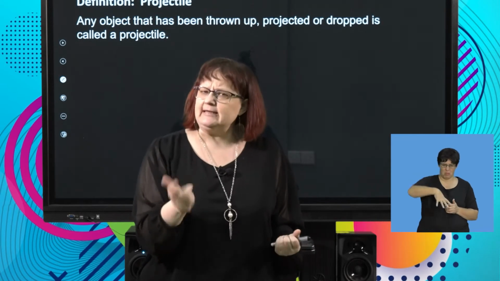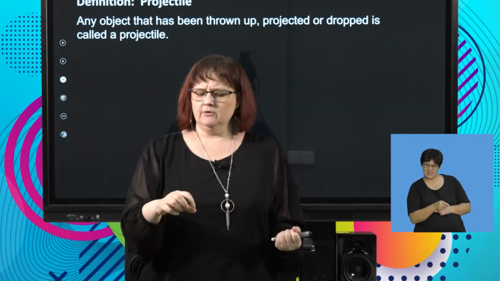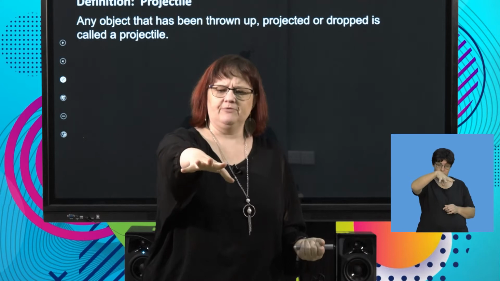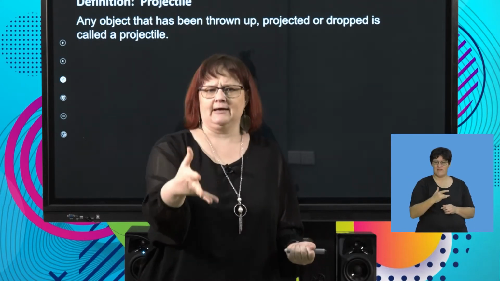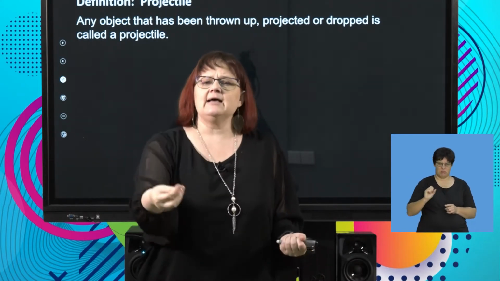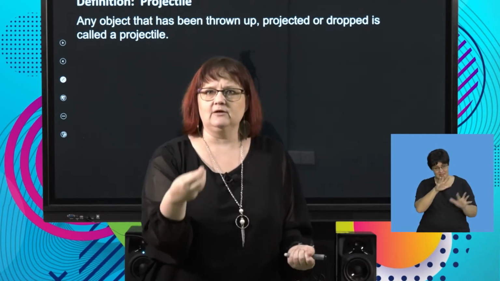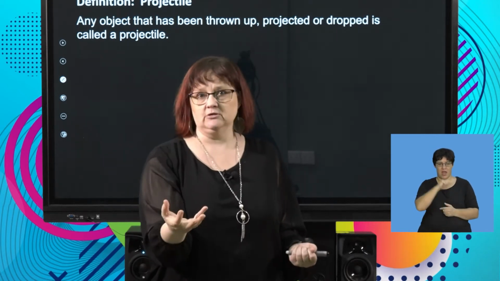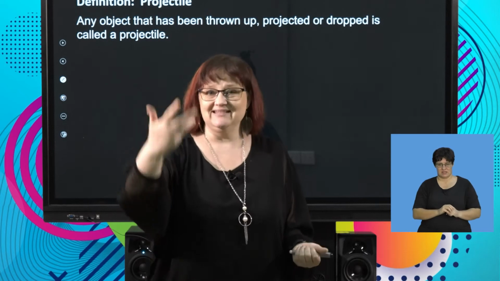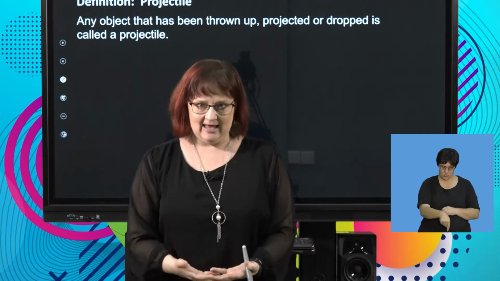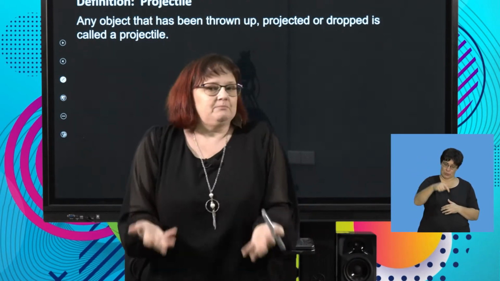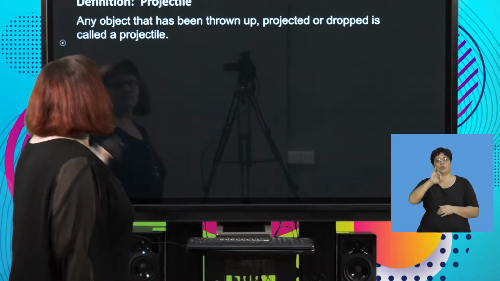Dropped feels a little strange, because when we drop something, it doesn't feel like a projectile. But in science terms, it is a projectile because it has vertical motion. It's moving down. It's moving through the air. That's what makes it a projectile.